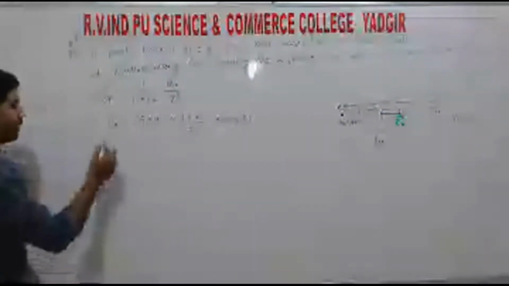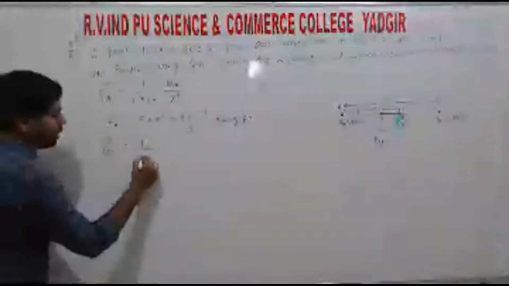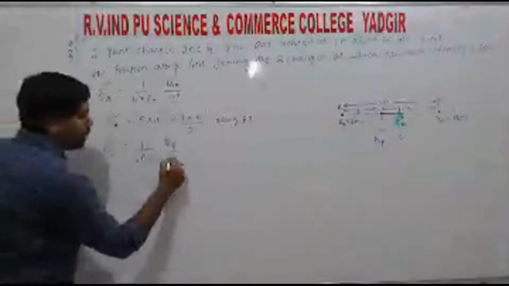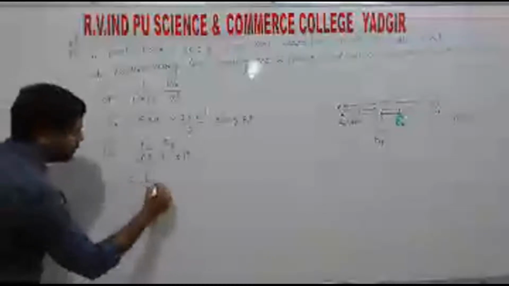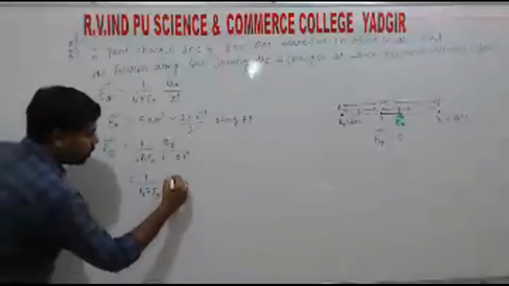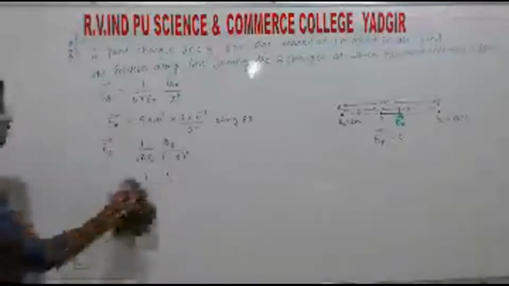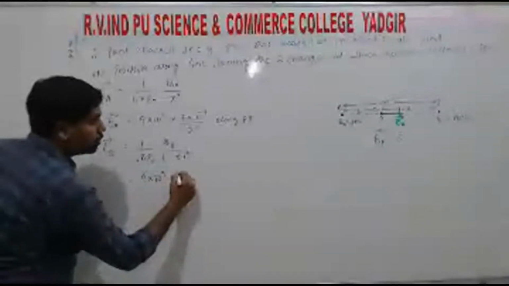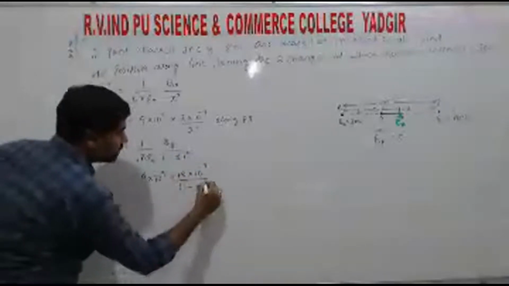Next EB, at point P the electric field due to charge QB. EB equals 1 divided by 4 pi epsilon naught times QB divided by the distance 1 minus x whole square. So here we write 9 into 10 to the power of 9 into 18 into 10 to the power of minus 9 divided by 1 minus x whole square.